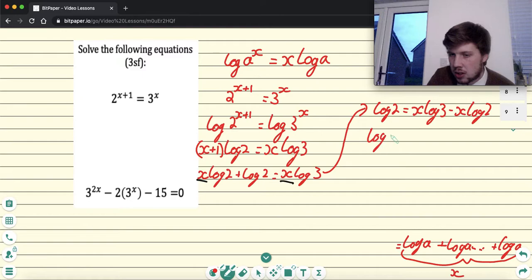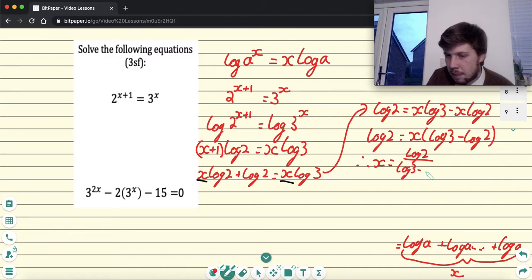Factorising gives me log 2 equals x lots of log 3 minus log 2. Dividing across, I get x equals log 2 over log 3 minus log 2.